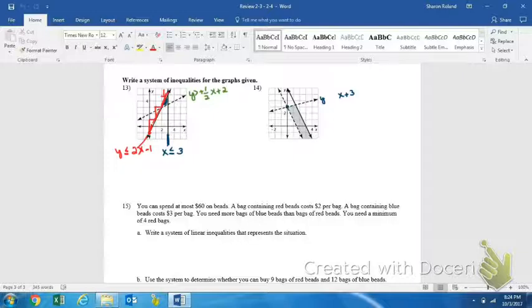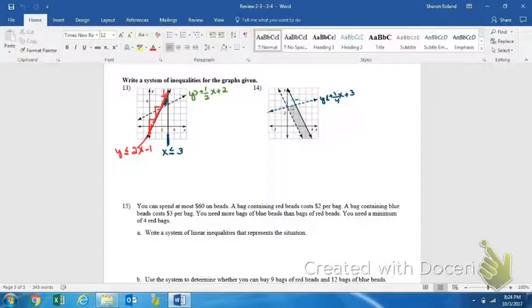Here's a point, and here's a point. You went up 1 over 4. This slope is going uphill, so it's positive, but the shade is below that line. If it's below that line, it is less than.